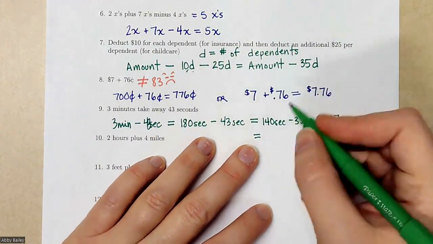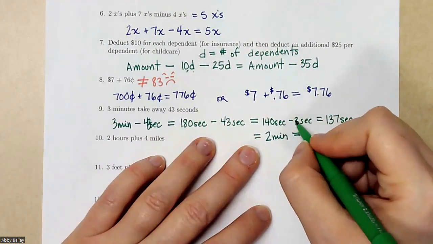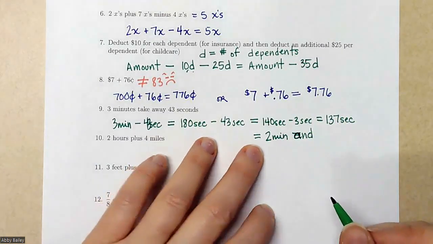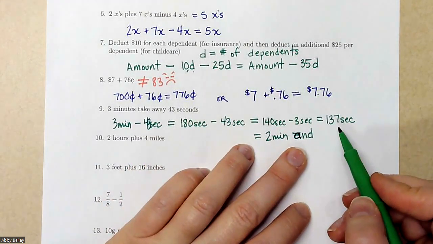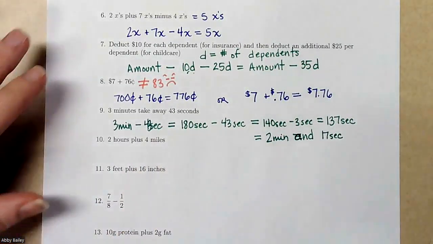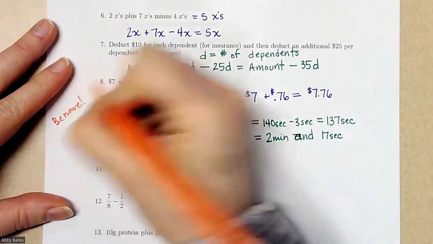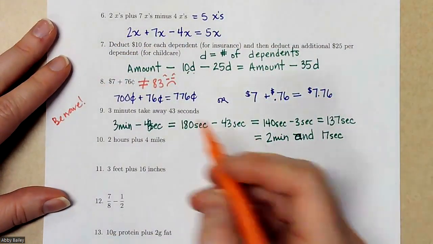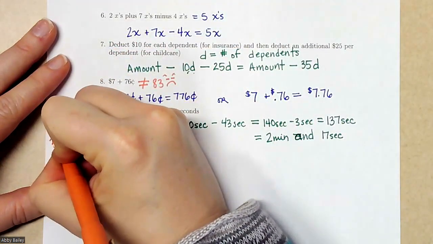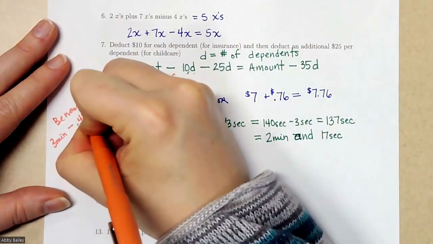So 2 minutes and 17 seconds. Beware that if we turn this into minutes, this is not 3 minutes take away 0.43 minutes.